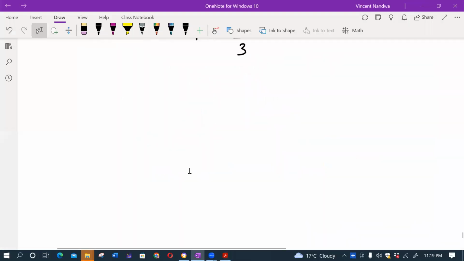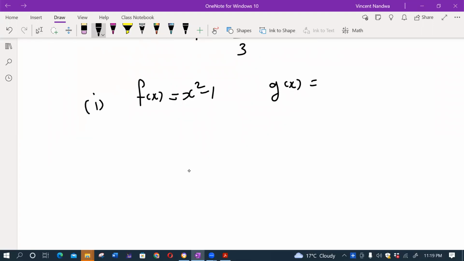So for the first, f of x is x squared minus 1, g of x is given by x minus 2, and g composed with f at a is given by 1.